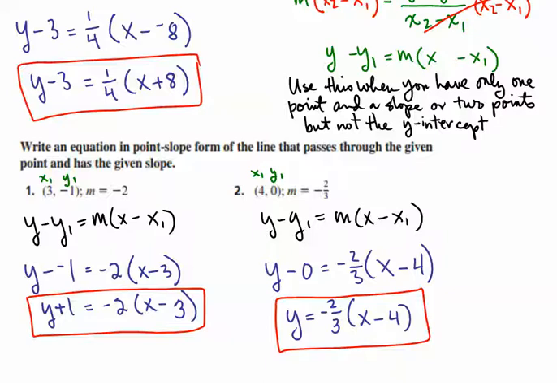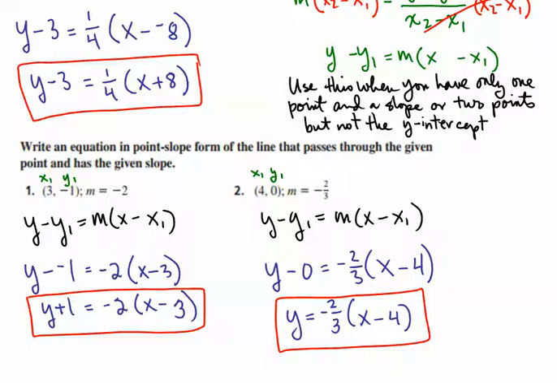Now, one thing that you may want to pay attention to is the negative signs in front of the x1 or y1. If you notice in the first example above, the x-coordinate was negative 8. But when we put it into the equation, it became x plus 8.